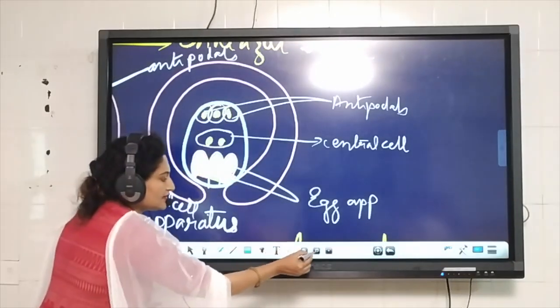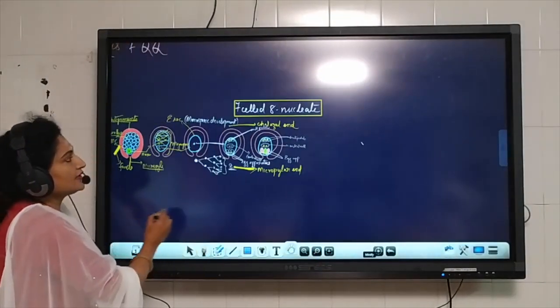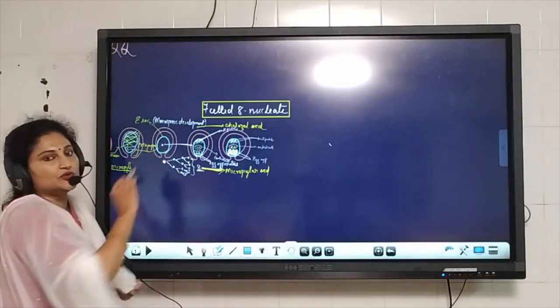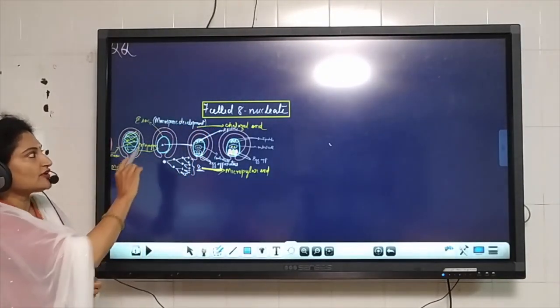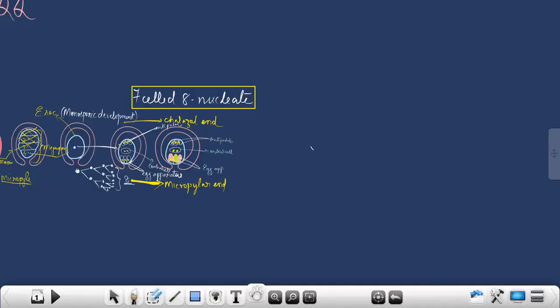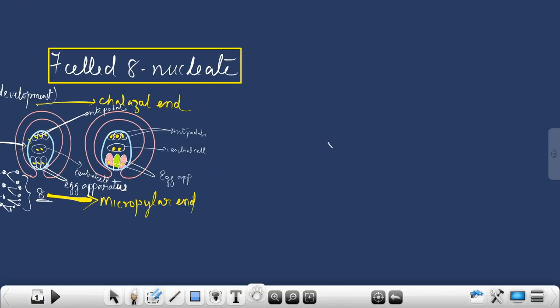Thus, we can describe the typical ovule as a 7-celled 8-nucleate structure. Why is it called 7-celled? Because there are 3 antipodals at the chalazal end, 3 cells forming the egg apparatus, and a single cell at the center which forms the central cell. But the nuclei number is 8.